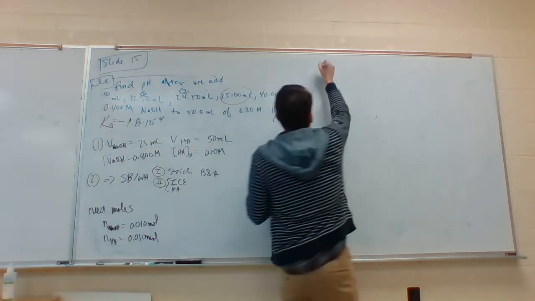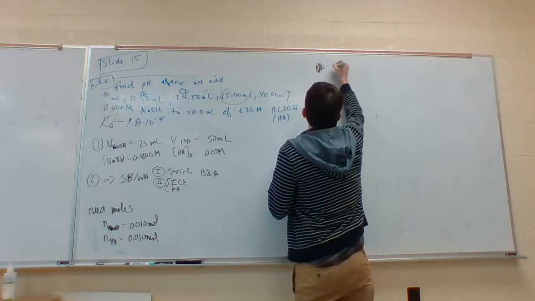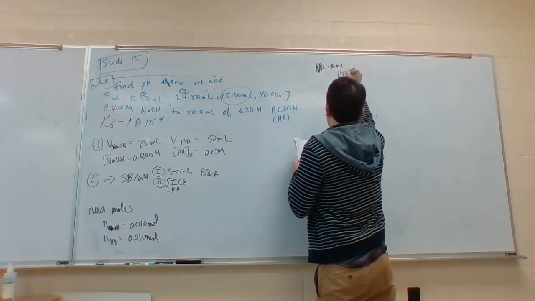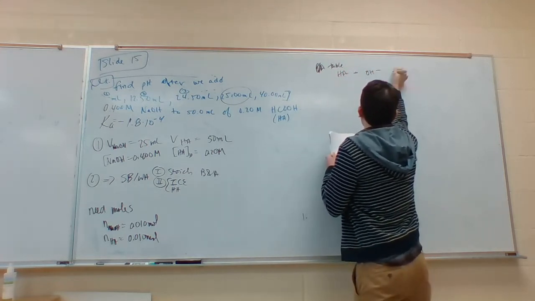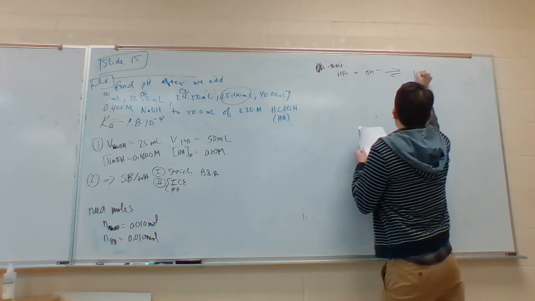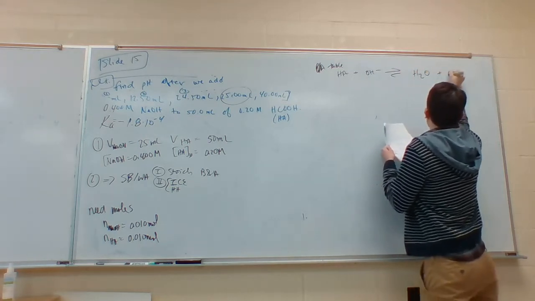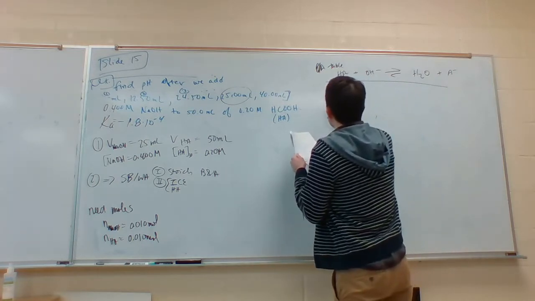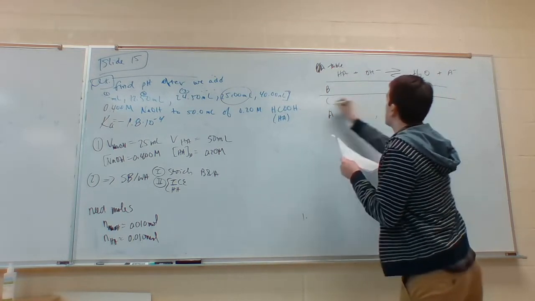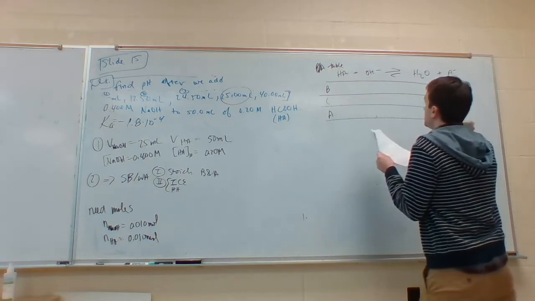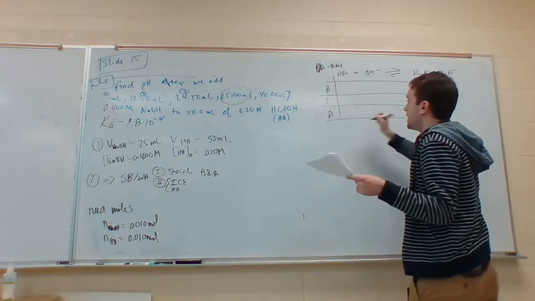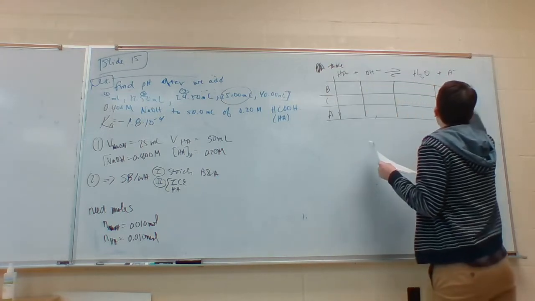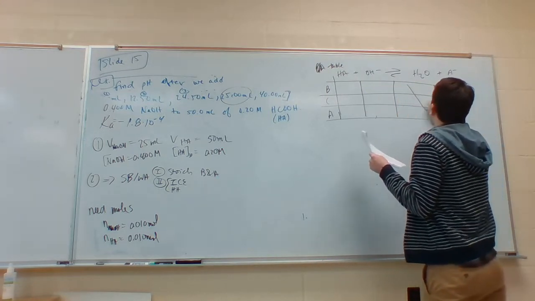When we do our before and after table, what we see is we have HA plus OH minus, which is in equilibrium with H2O and A minus. As you can see, a lot of them are just the same steps over and over, so you just got to know when to use them, right? And again, we're going to ignore water.